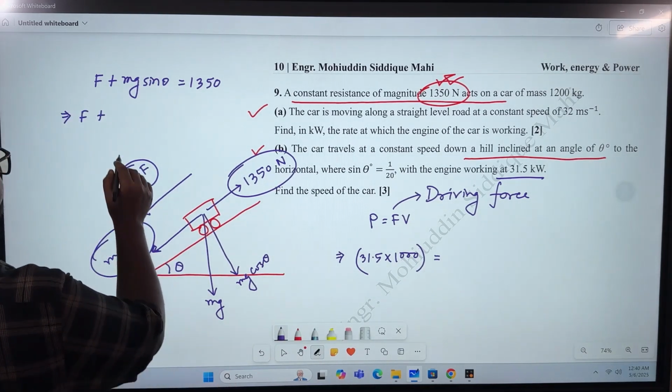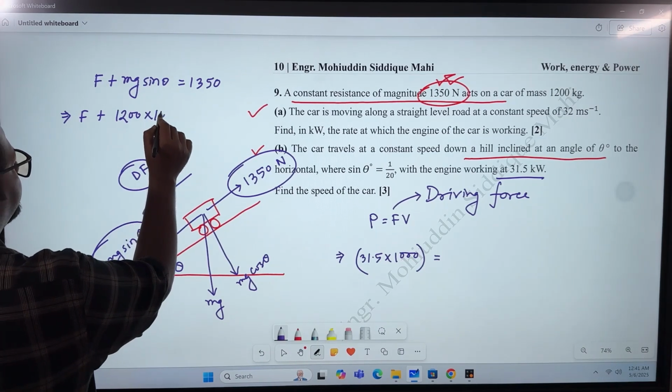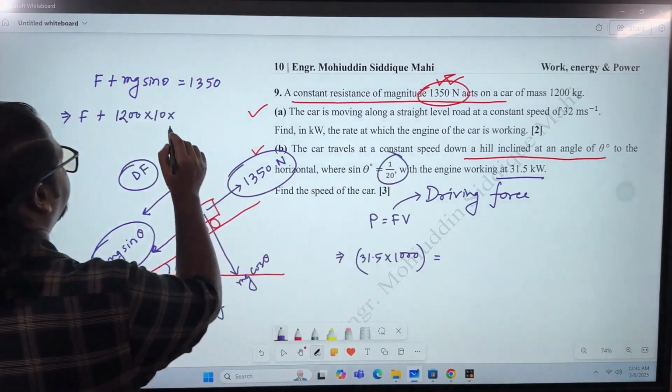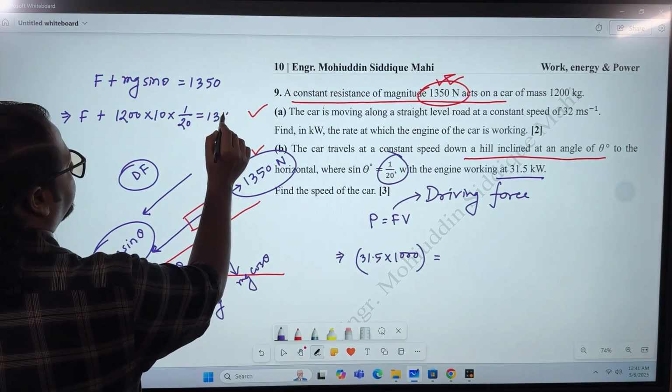Mass was 1200, value of g is 10, value of sine theta 1 by 20, equals 1350.